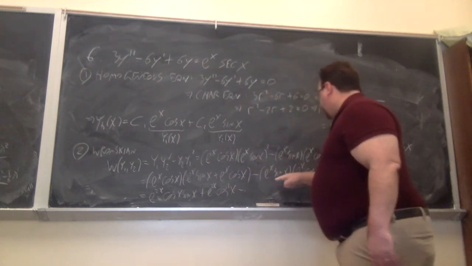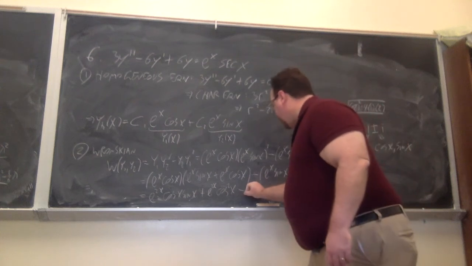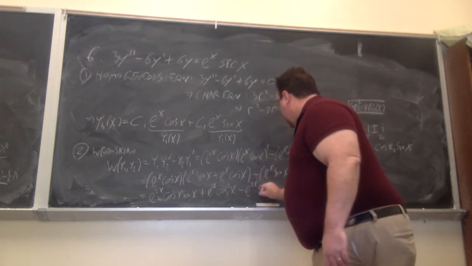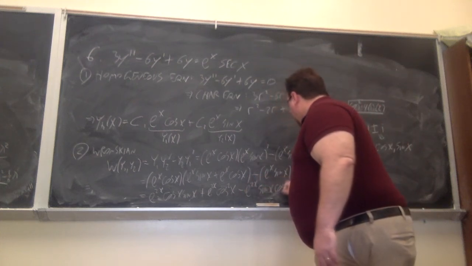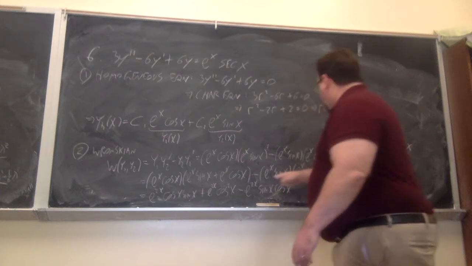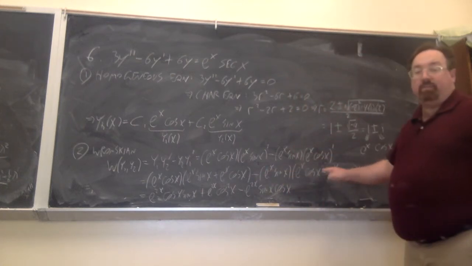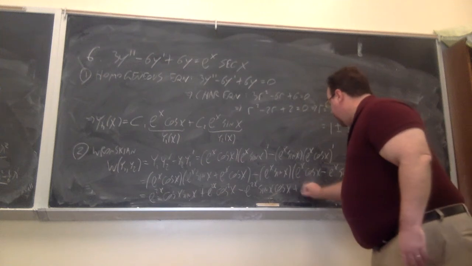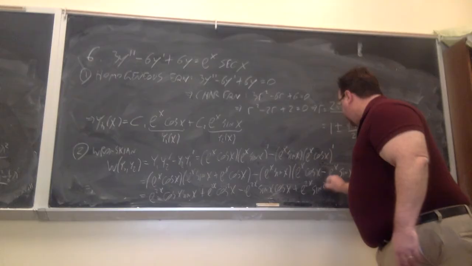And I have minus e to the x and e to the x, that's e to the 2x sine x cosine x. Minus and minus makes a plus. So I have e to the 2x sine squared.